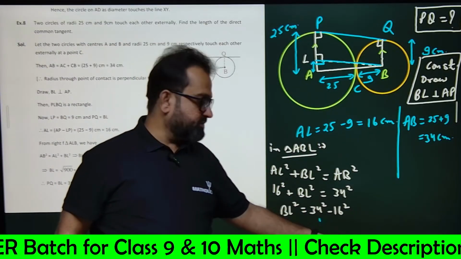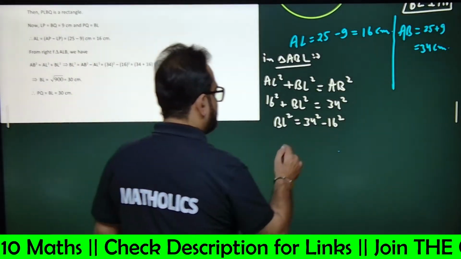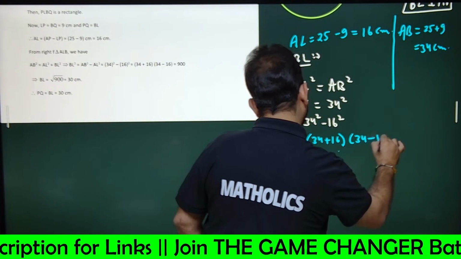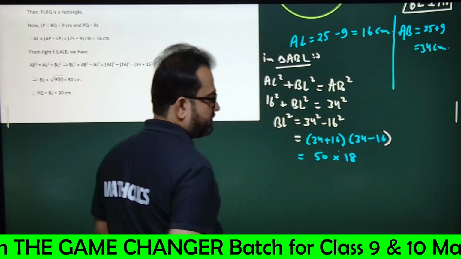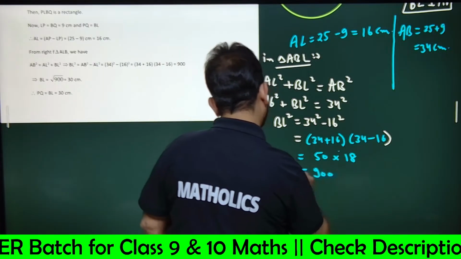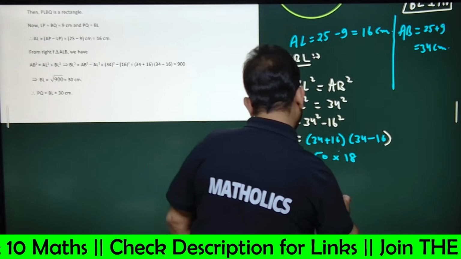Use a plus b, a minus b here. Right? 34 square minus 16 square, that will be 34 plus 16 into 34 minus 16. This 50 into 18. Yes or no? Yes. 18 5 is 900. So BL square 900. So BL is going to be equals to 30 centimeter.